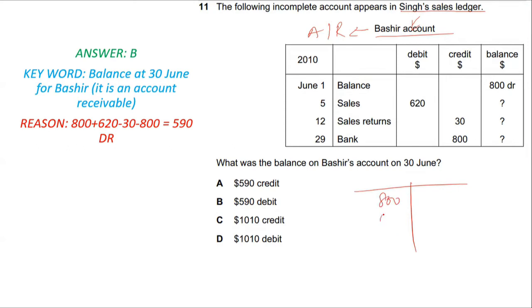Then we did sales of $620, a sales return of 30, and received $800 on 29th. So you would do the calculation here. You should have a debit balance of 590. So the correct answer for multiple choice 11 would be option B, 590 debit, because accounts receivable have debit balances.